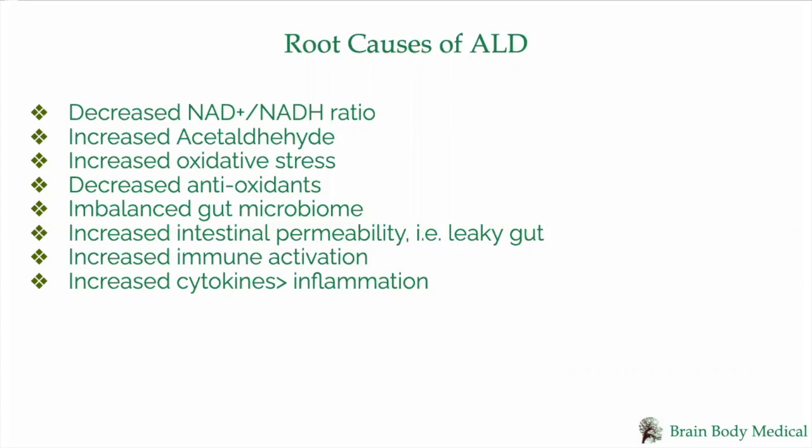Increased acetaldehyde, increased oxidative stress, decreased antioxidants, imbalanced gut microbiome from continued use of alcohol, which disrupts both the intestinal permeability and the kinds of microorganisms you have in your colon, can lead to increased immune activation of the Kupffer cells. And activated Kupffer cells are trying to limit this infection, and so that creates increased cytokines and increased inflammation. So these are the root causes of alcohol-associated liver disease.